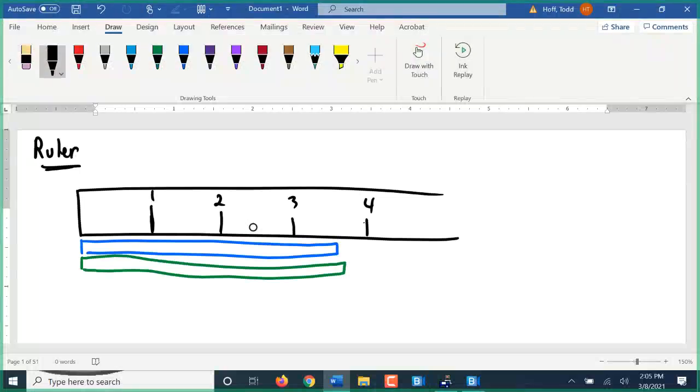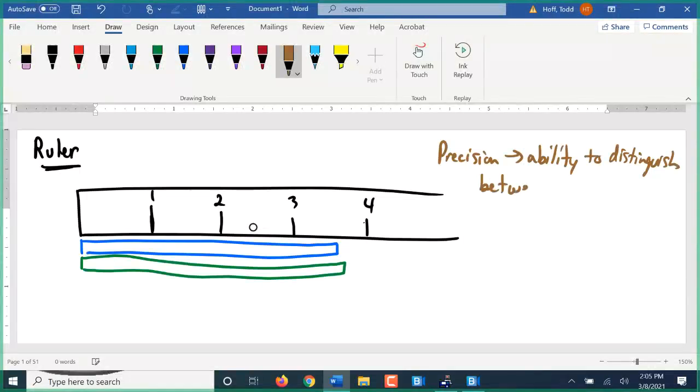Concept of precision: the ability to distinguish between similar objects.